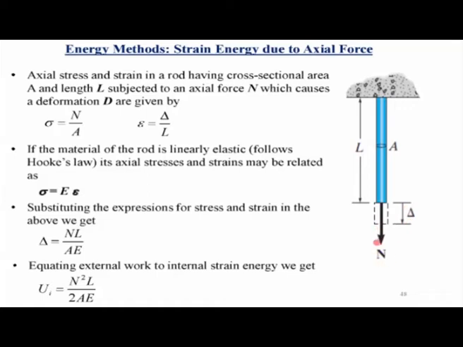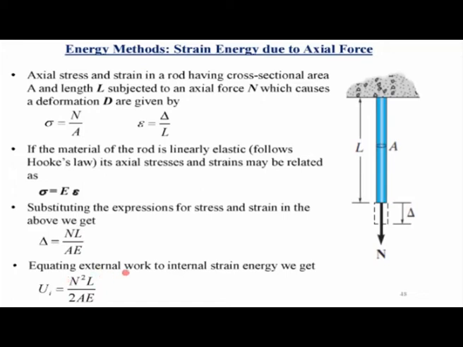So the external work done by this load N is half into N times delta. If you replace delta by the term NL over AE, the internal strain energy that will be developed in the rod is equal to N squared L over 2AE. This is half into N into NL over AE.